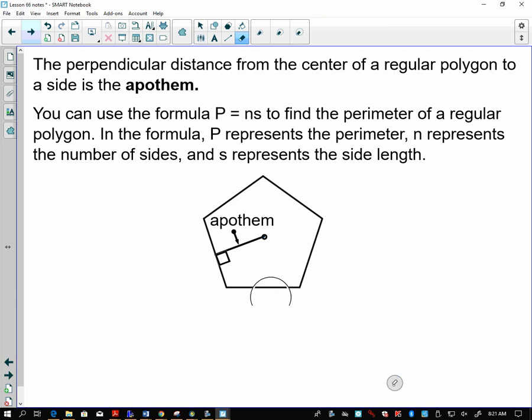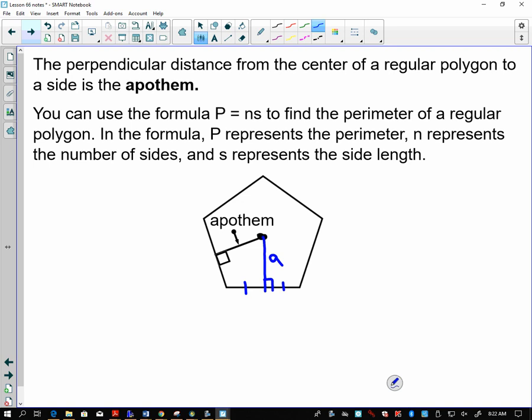So this probably should be moved over to about here, because when I draw this line down, it should be a perpendicular bisector to this side. So an apothem could be any of those lines that are perpendicular and bisect the side that it comes up to. So the perpendicular distance from the center of a regular polygon to a side is the apothem.